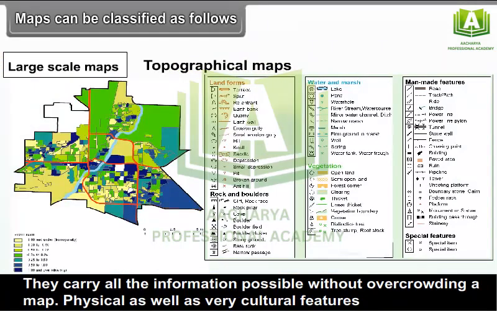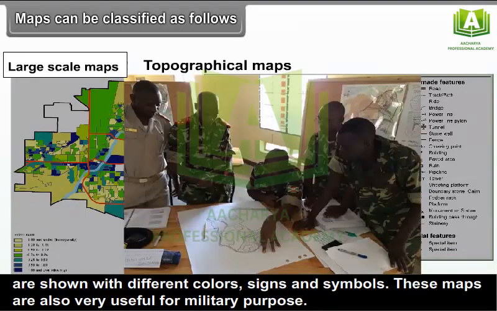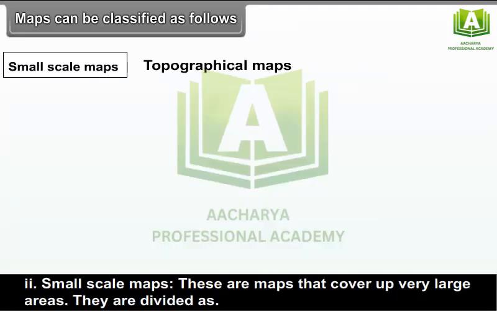Physical as well as cultural features are shown with different colors, signs and symbols. These maps are also very useful for military purpose. They are drawn to 1:250,000 or 1:50,000 or 1:25,000 scales.